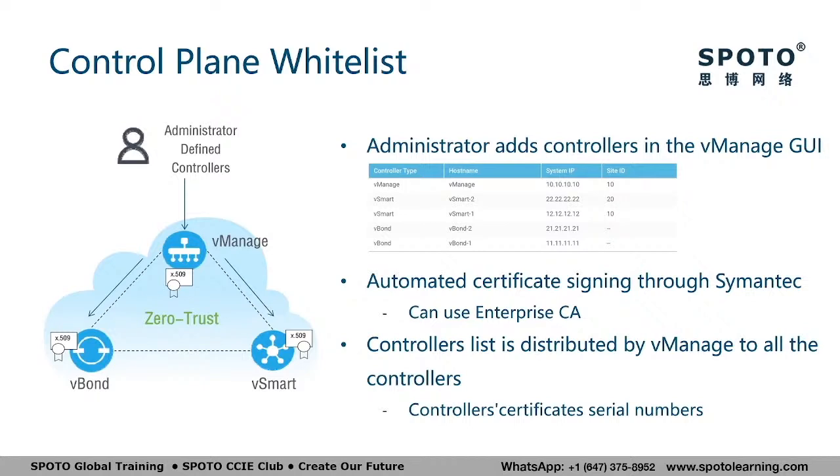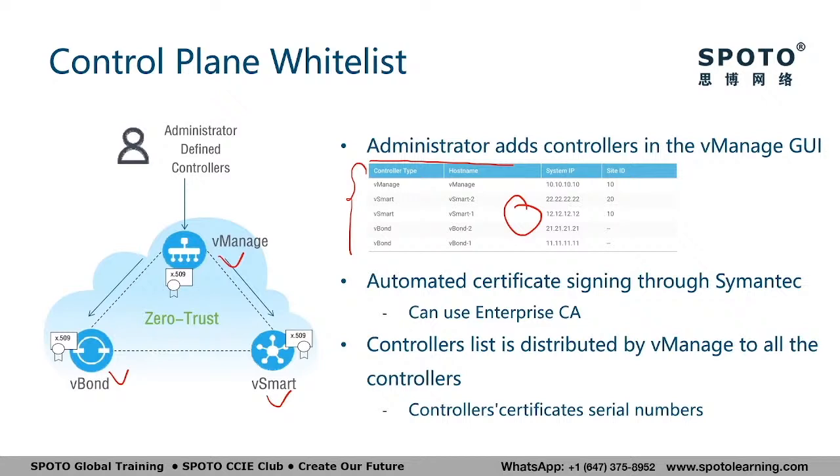For the vManage, vBond, and vSmart to communicate with each other and be used by the solution, they need to be added into the vManage GUI by the administrator, like this picture shows here. Without being added in this whitelist, it won't work. Basically, if it's not in the whitelist, you can't use that, and they don't know each other.